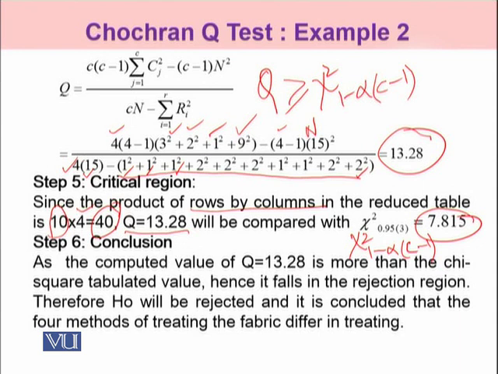As our calculated value of Q is 13.28, which is very much greater than our tabulated value of 7.815, our calculated value falls in the rejection region. Hence, we would be rejecting H naught and concluding that the 4 methods of treating the fabric are different in treating the particular fabric.